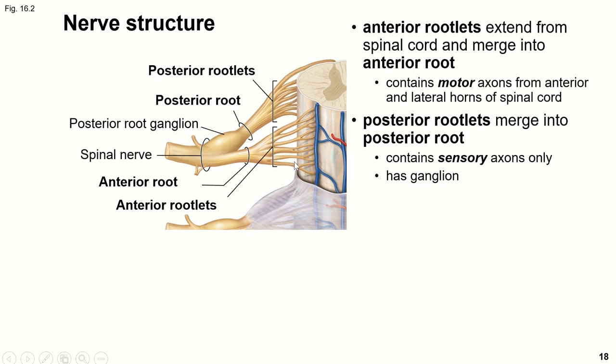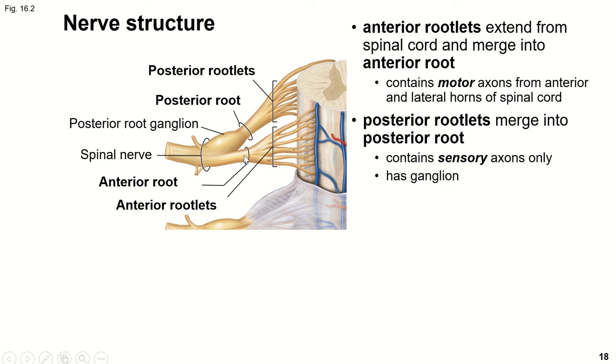These little ones, these little branches closest to the spinal cord are called rootlets, meaning little roots, and then they're going to fuse together to form roots. The ones on the posterior side are called the posterior roots, and the ones on the anterior side are called anterior roots. The anterior rootlets emerge from the spinal cord, merge into an anterior root.